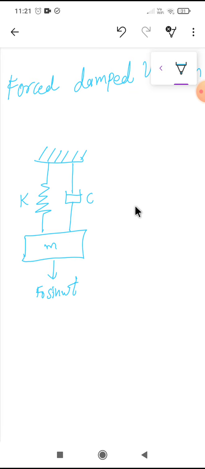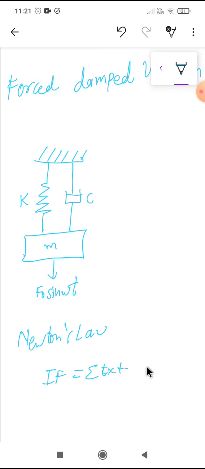We'll use the same free body diagram and apply Newton's law to it. According to Newton's law, the inertia force is equal to the sum of external forces.